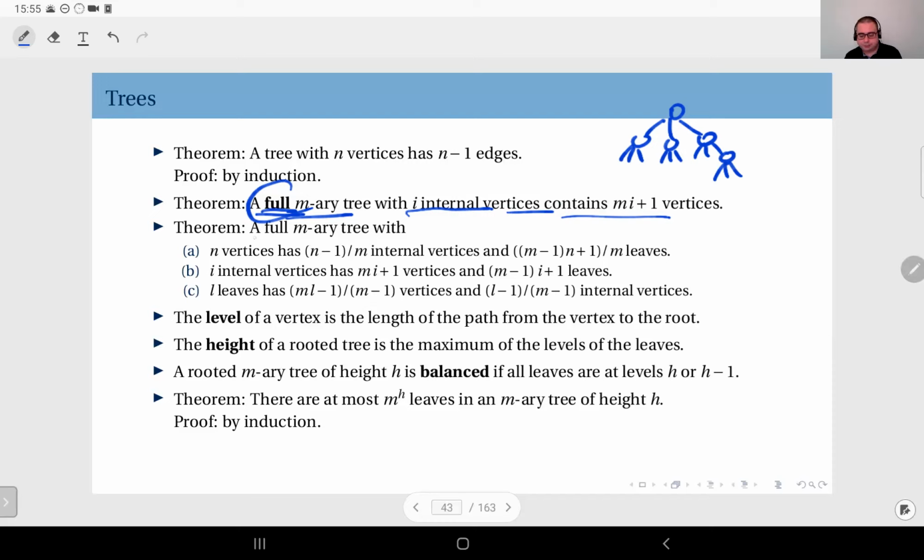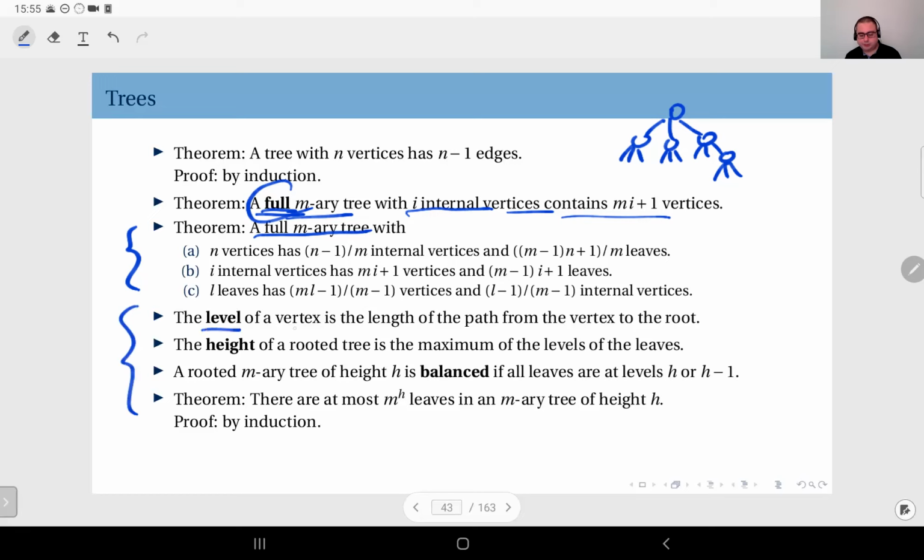Another one, a full m-ary tree with this many vertices and internal vertices and leaves. So this theorem gives you the relationship between the number of internal vertices and leaves and total vertices. I'm not going to go into details, and you can usually show that these are true by simple arithmetic. Now, these definitions are important.